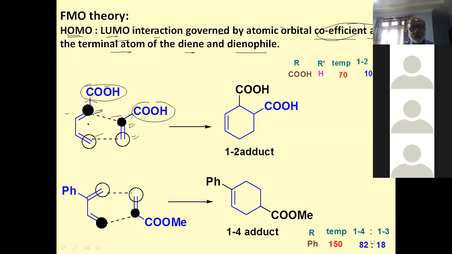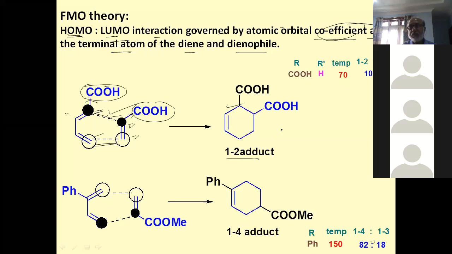If this is lower in size, this becomes higher in size. The more compatible sizes will be on this side, so the bonding will take place preferably through this one. So we have the 1-2 adduct as the dominant adduct.